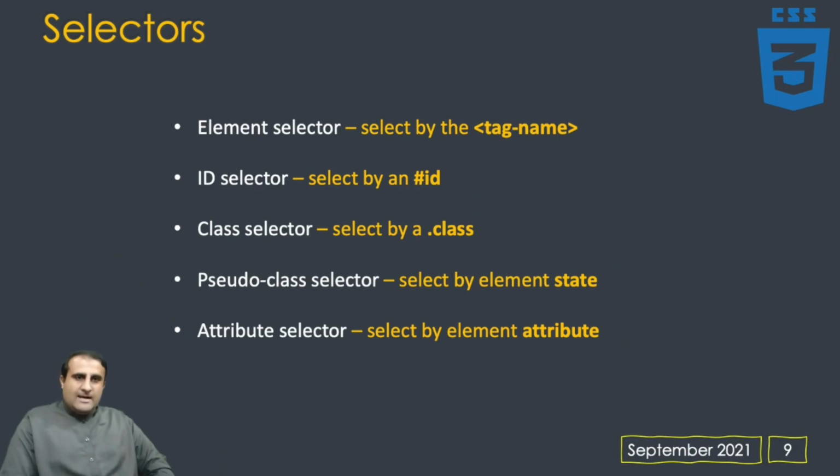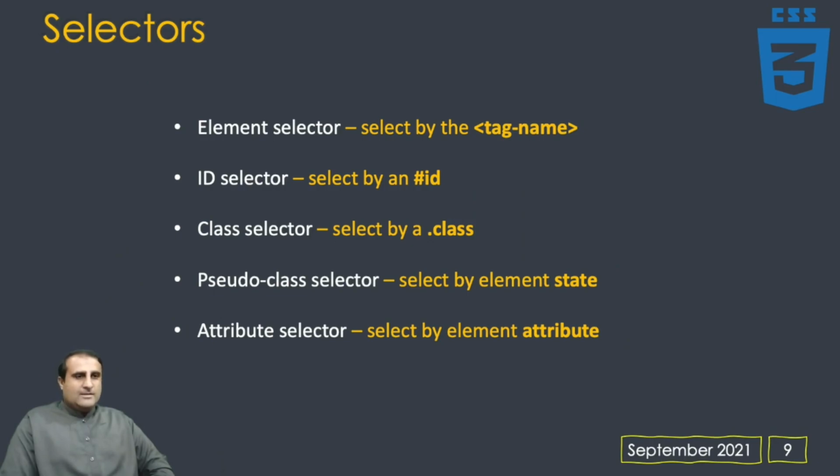Then we have the ID selector. The ID selector is written as a pound sign followed by the ID, or identifier. And then we have the class selector. The class is specified as the dot character followed by the name of the class.